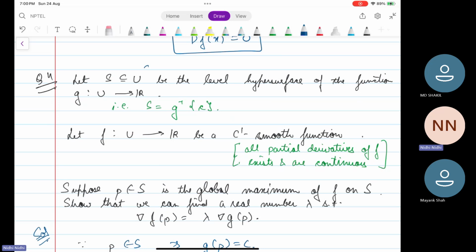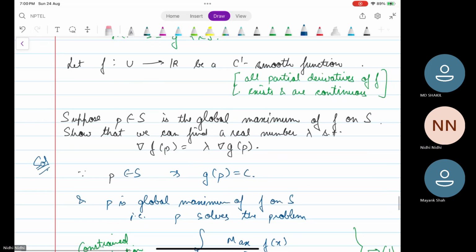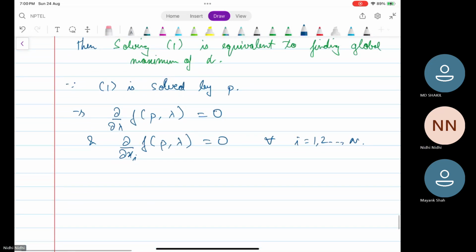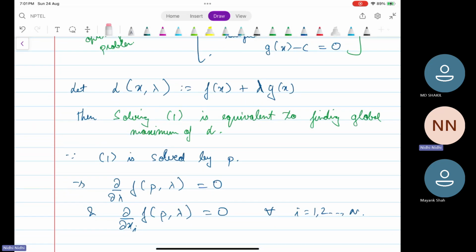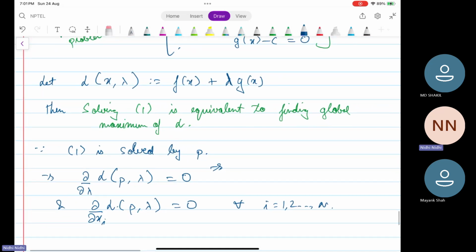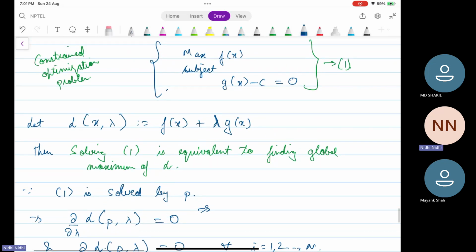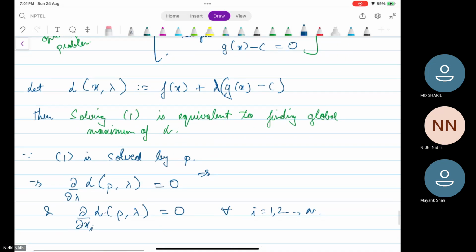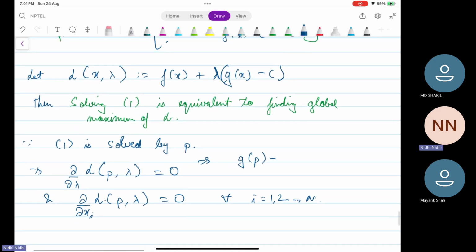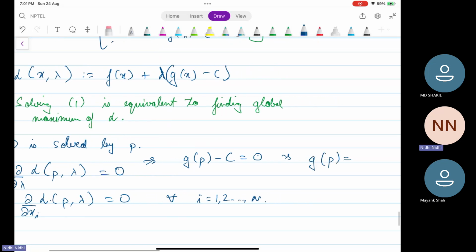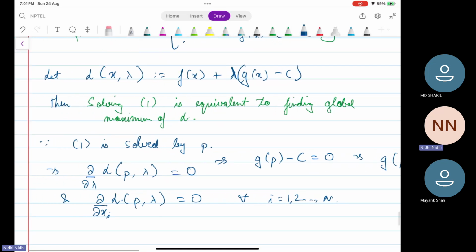Sorry, not f, this is L, the new function. So if we differentiate L with respect to lambda, we get g(p) minus c equals 0. That means g(p) is equal to c, that is, P lies on S. That's true, you know that P is an element of S.